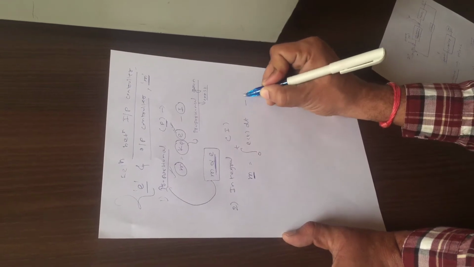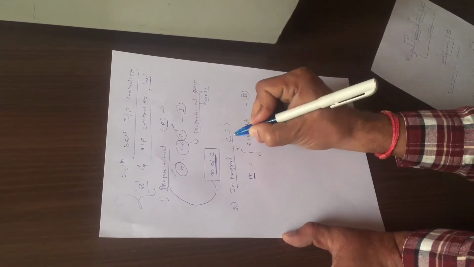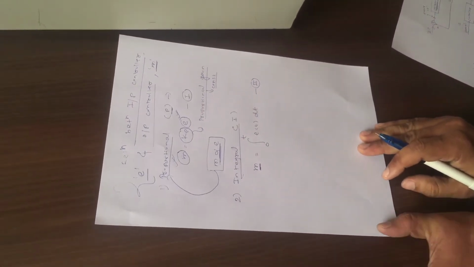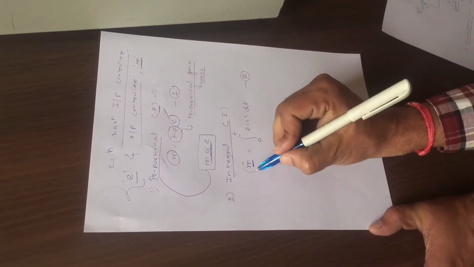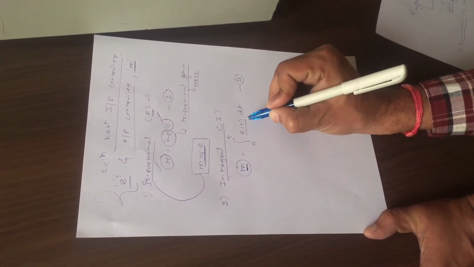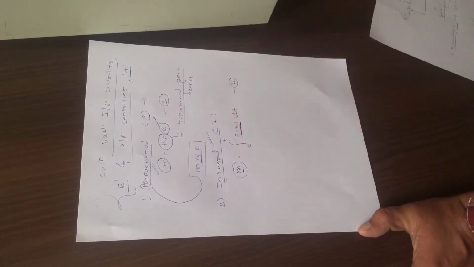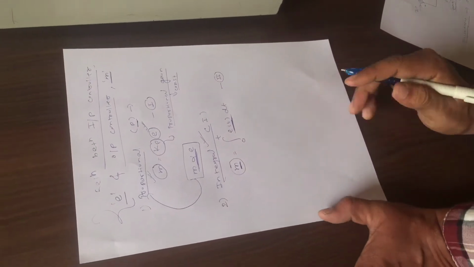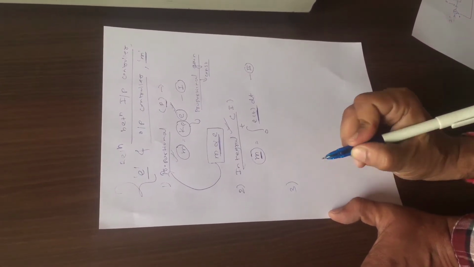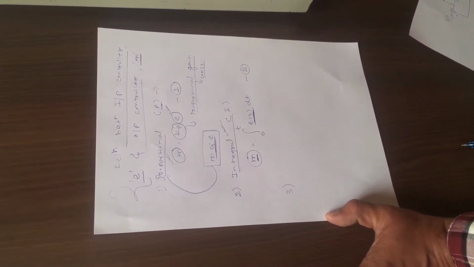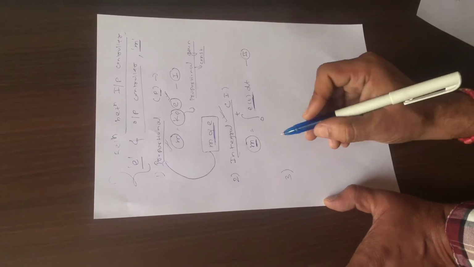This is equation number 2 associated with the integral mode. Now what do you understand from this relation? The output of a controller is an integration of the error signal, and that's why the name of this action is the integral control action.